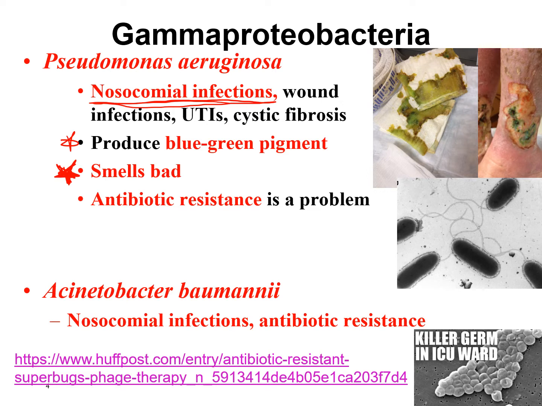So these are unfortunately problem bacteria in the hospitals that will infect patients there. So they can get into wounds, they can also cause urinary tract infections, and they're also a common cause of pneumonia in cystic fibrosis patients. So we do see that as well. And they're also hard to treat, so they are resistant to some of our antibiotics.